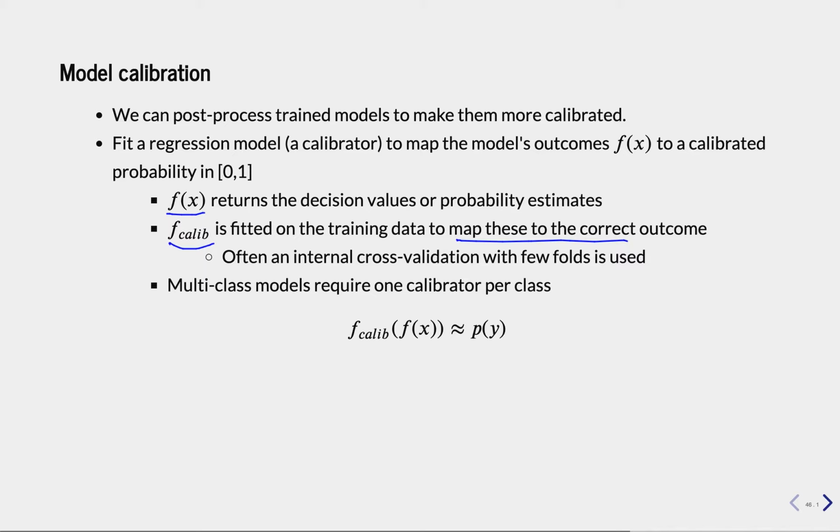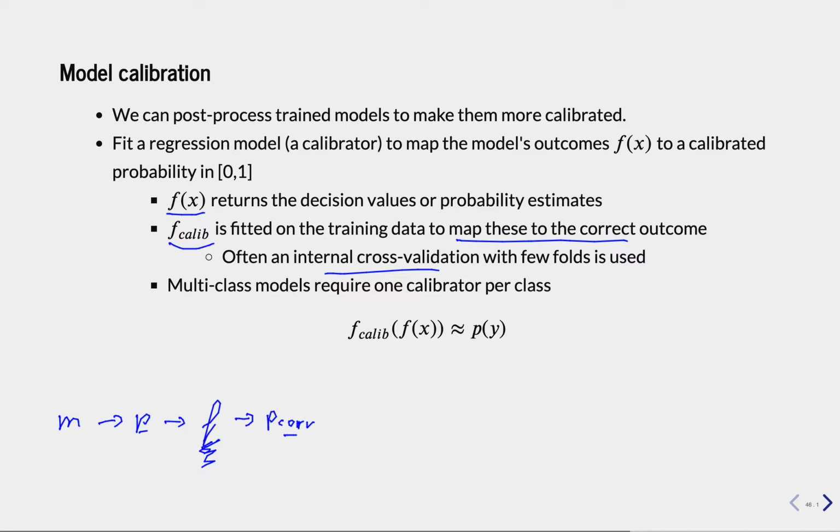So we have our model, it gives you predictions, and we know what the correct probabilities are. And basically we learn a function that maps these to these. Okay. This typically involves some internal cross-validation because we need to fit this regression model on this problem. And we typically do an internal cross-validation with a few folds to learn the parameters for this.